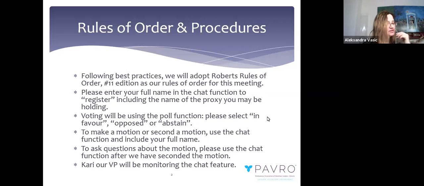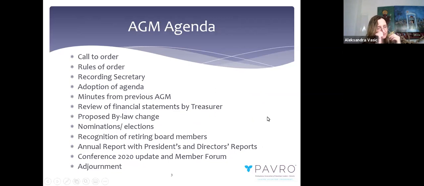Okay, so here is our agenda. We've called the meeting to order. We have reviewed our rules of order. We will have to appoint a recording secretary. Then we will adopt the agenda. We're going to approve the minutes from last year's AGM. We will allow our treasurer, Amitabh Datta, to do a quick highlights of our financial reports.